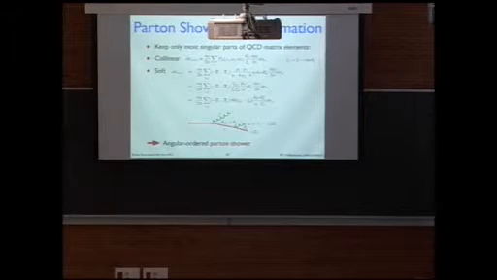So at a certain scale, at a certain transverse momentum here, you stop the process and have your hadronization model.